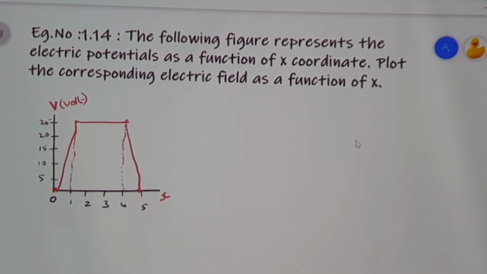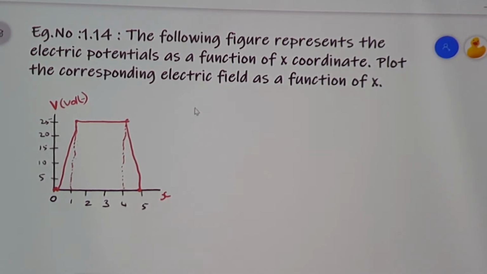So we have to calculate the electrical field as a function of x, and the given quantities are the potential taken along the y-axis and the distance taken along the x-axis. So how do we get the electrical field and draw the diagram?